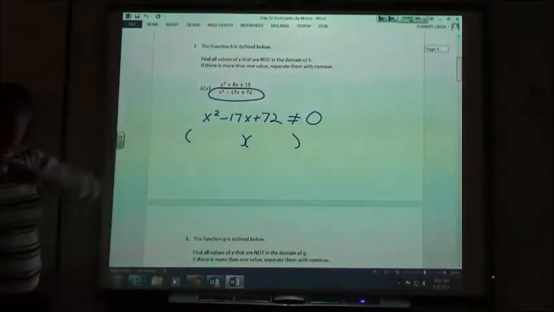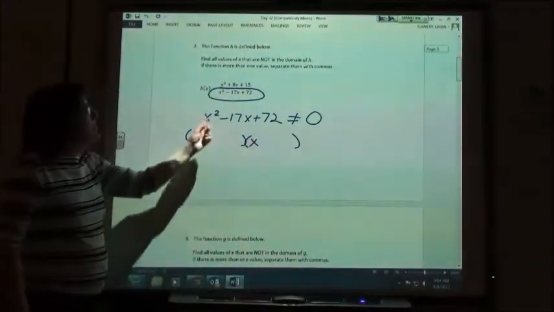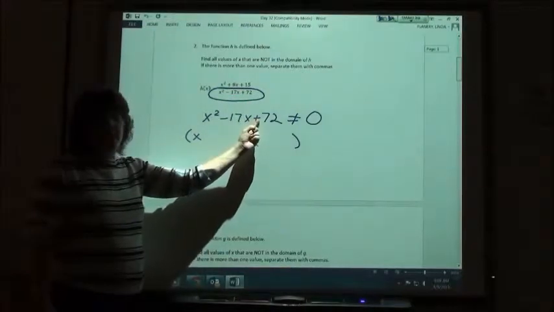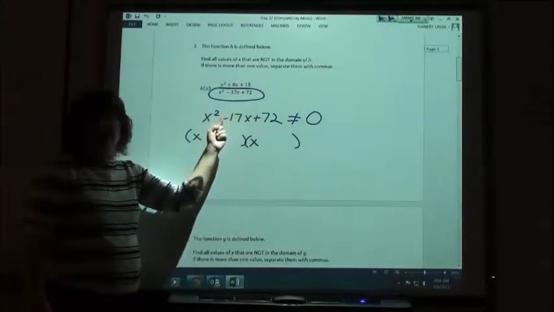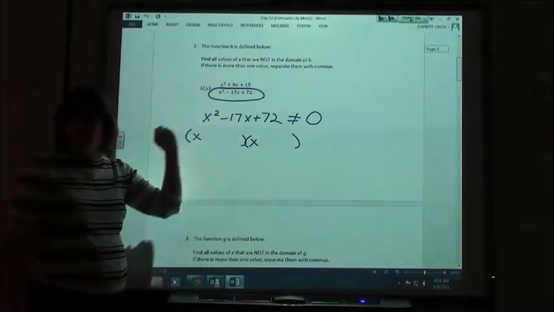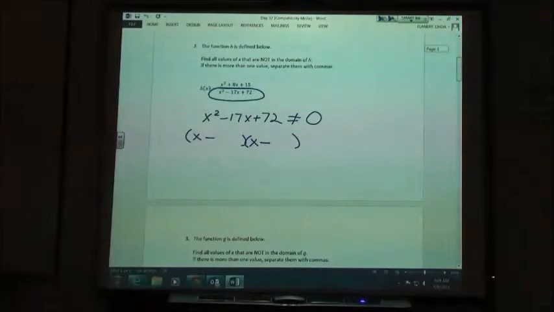Factors of x squared, x and x. This time on my signs, the end is positive, but the middle is negative. I know if the end is positive, both signs have to be the same, so they're the same as the middle, so I'm going to have a negative times a negative. Right? A negative times a negative is a positive, and they add up to a negative in the middle.